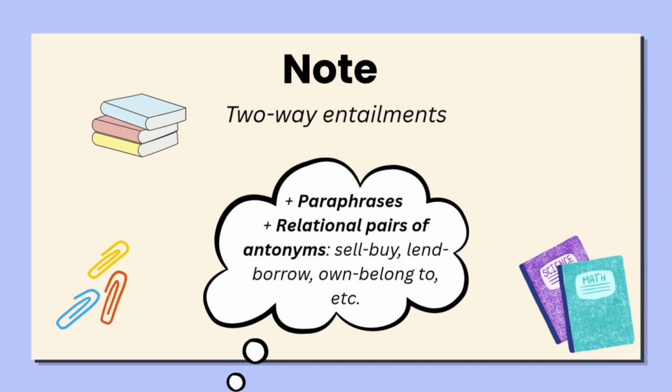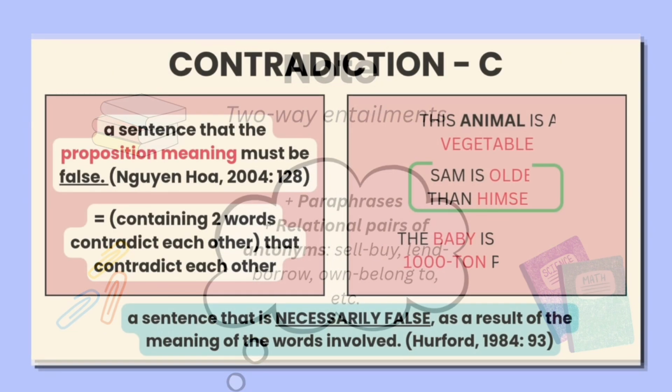For example, if we say John sold a car to Anna, we can also say Anna bought a car from John. Both sentences describe the same event from different perspectives. So this is an example of two-way entailment.